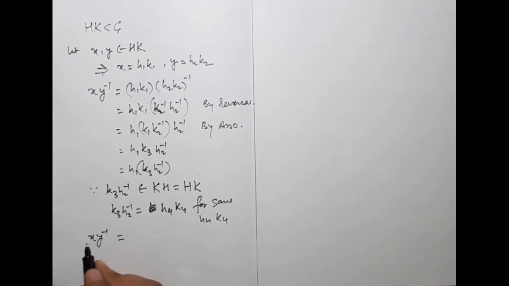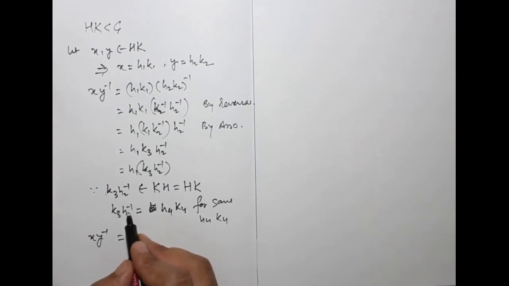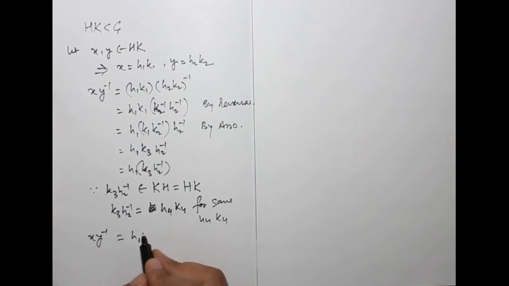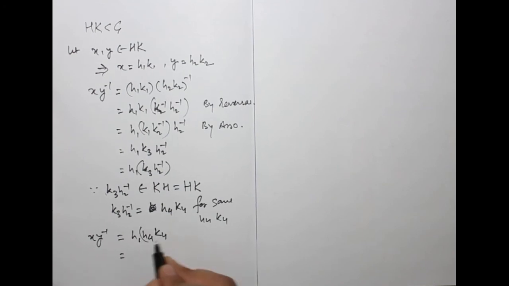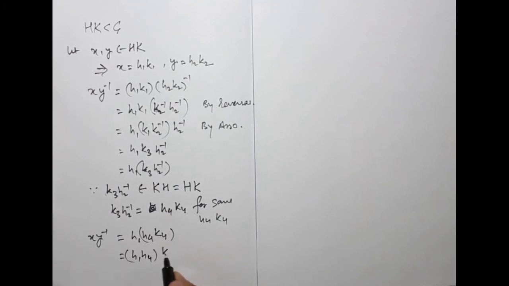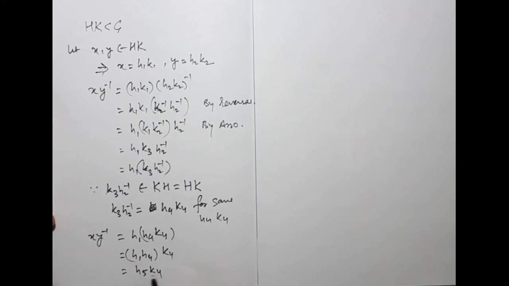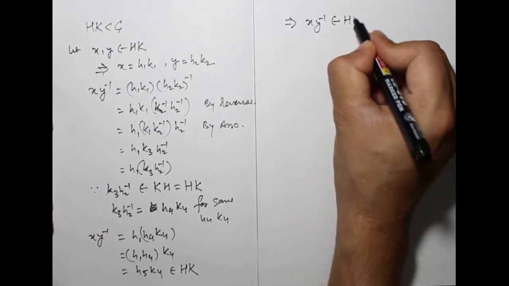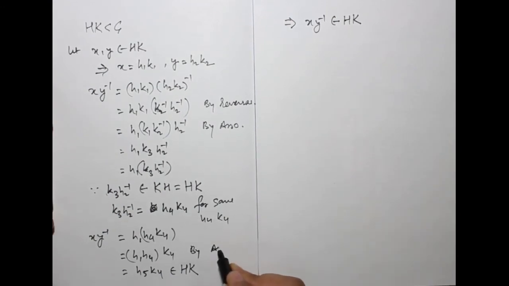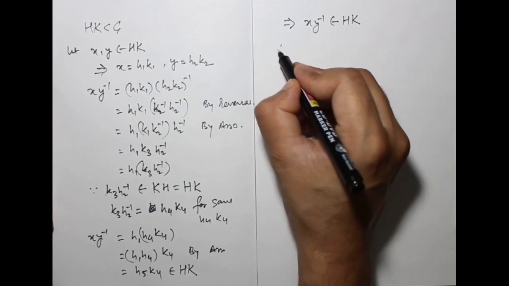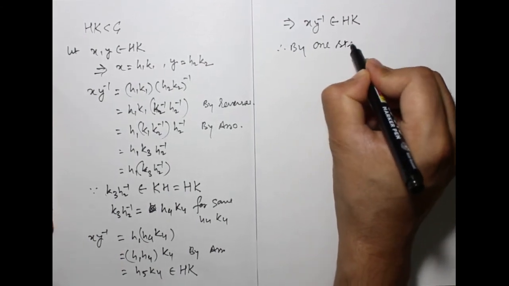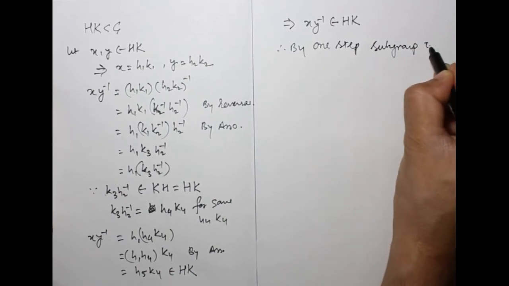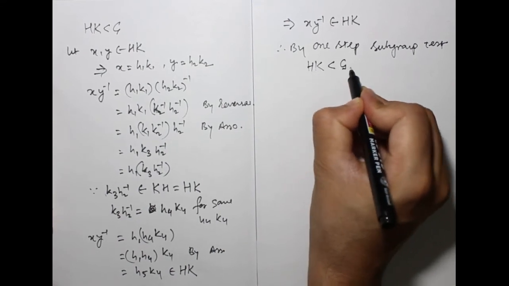It implies x y inverse equals h1 h4 k4 by associativity, which is h5 k4, and this belongs to HK. Thus x y inverse belongs to HK. Therefore, by the one step subgroup test, HK is a subgroup of G.